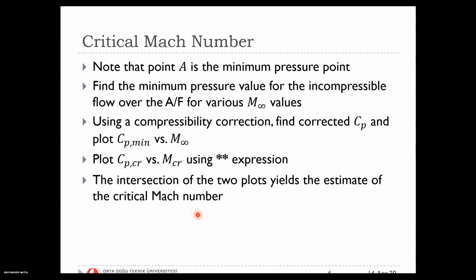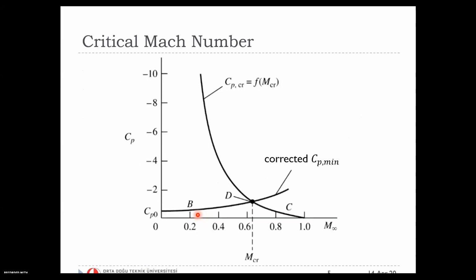Now, the intersection of these two plots will give you the critical Mach number, and it's schematically shown here. So this is the exact expression we derived. For changing Mach critical values, what should be the corresponding critical pressure coefficient at the minimum pressure location?